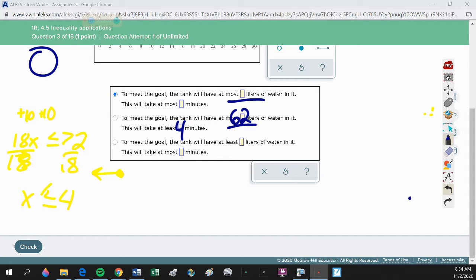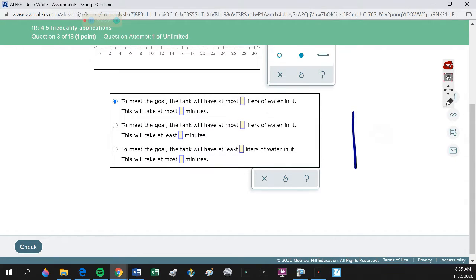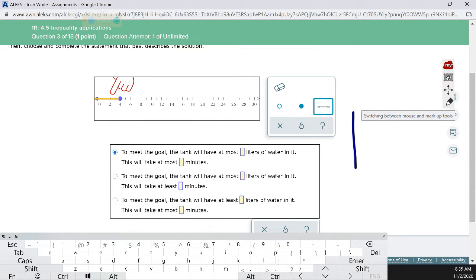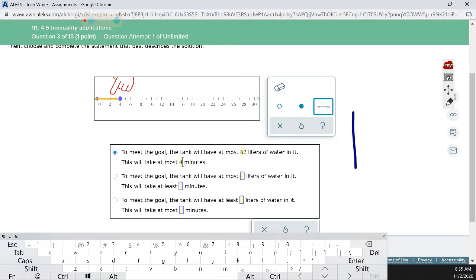Well, let's try it. Let's see, Monty. You might have figured it out. Okay, so we want a closed circle at 4. We want the shade to the left. And then down here, Monty says that this should be 62, and this will be 4.